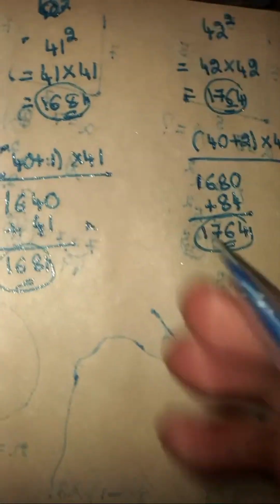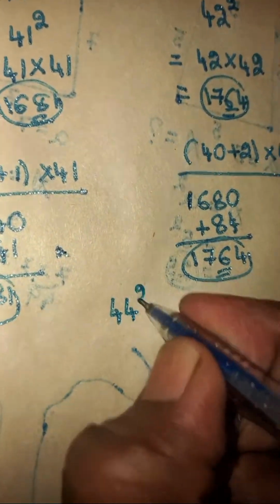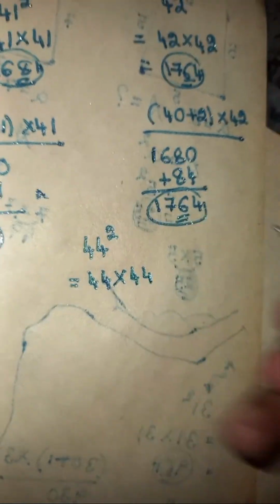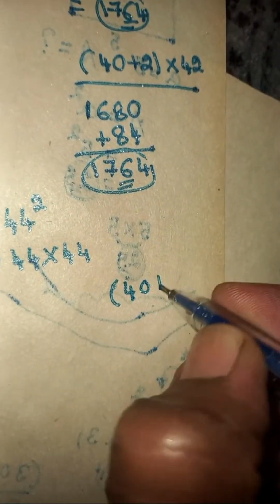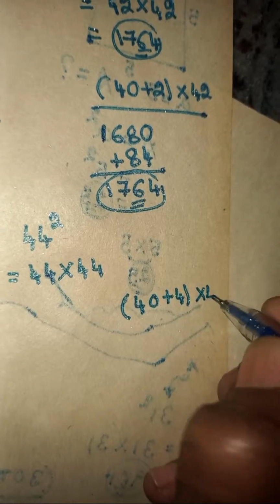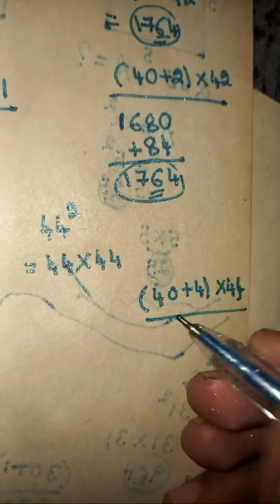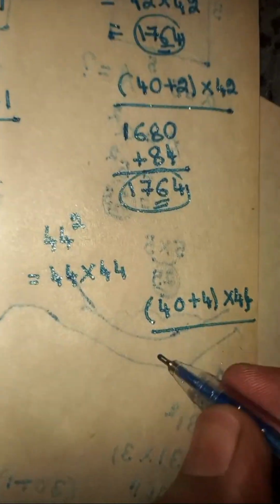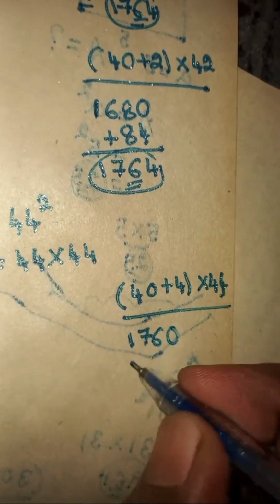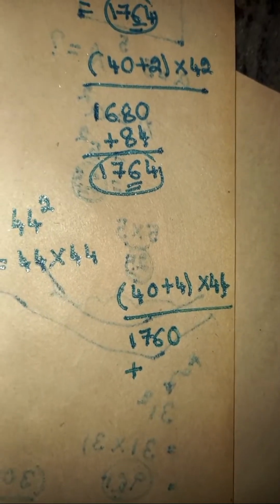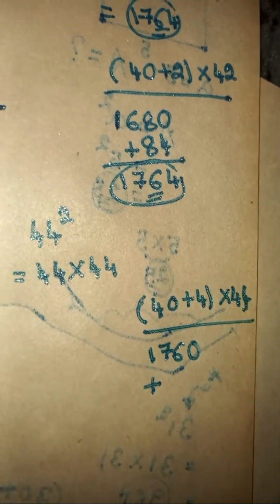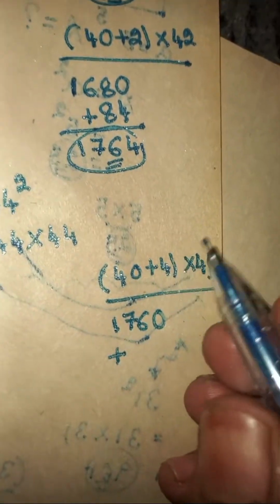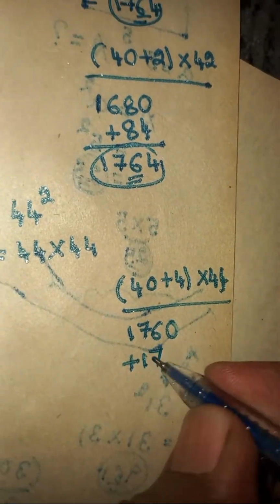Let's take what is 44 square. 44 square equal to 44 times 44, and you're going to get it as 40 plus 4 times 44. Now 44 times 40 is 1760 plus 44 times 4 is 176. 4 times 4 is 16, so 176.